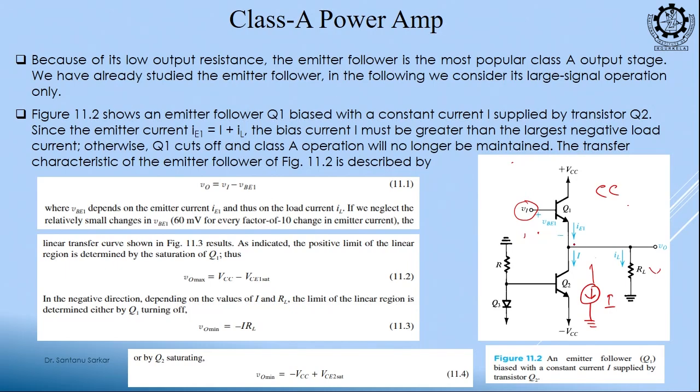Now, if emitter follows the input voltage, what will be your V0? Emitter follows the input voltage with a, can you recall? That was your input voltage. Emitter follower will be like this, so that this gap is VB.